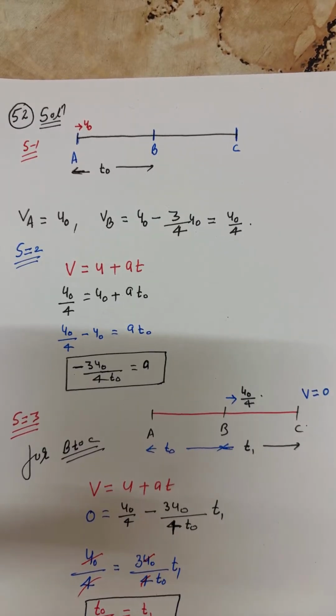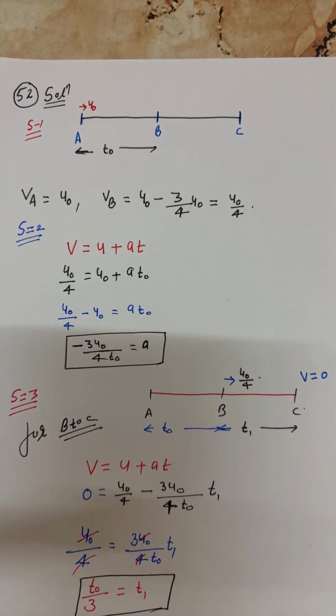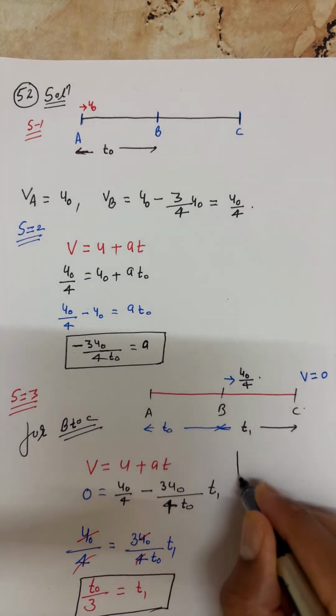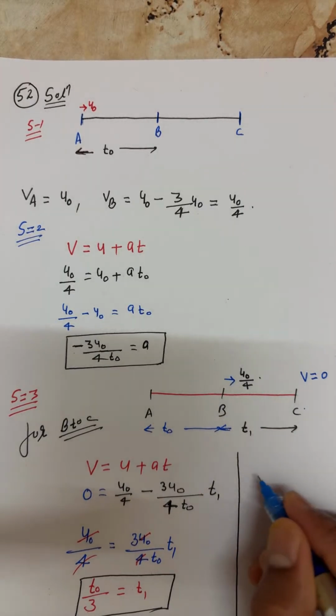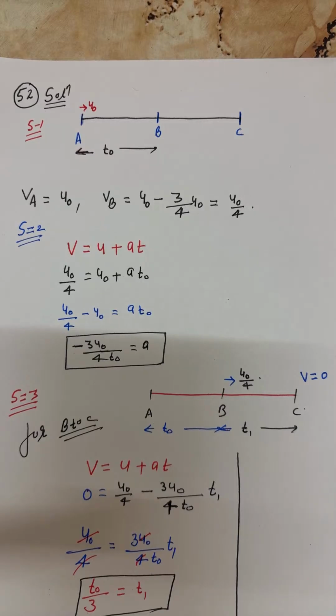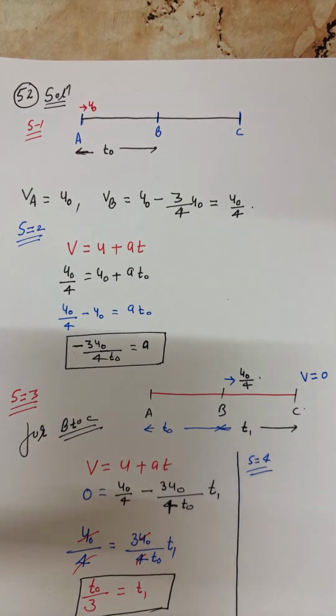Now the last part of the question: they ask what is the total time for the entire journey, until the velocity becomes zero. This is step 4.